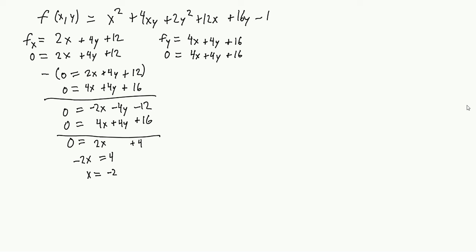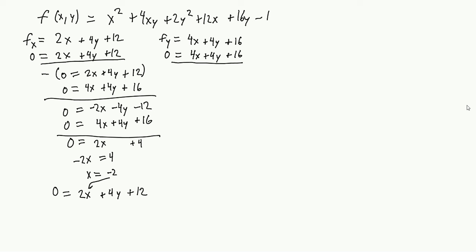We still need a y value. So you can take that x value and just plug it into either one of these original, I shouldn't say original function, but the original derivatives here, f sub x or f sub y, whether you use 2x plus 4y plus 12 or 4x plus 4y plus 16, either one you could plug into and get a value for y. Doesn't matter which one you plug into. Let's just say I use the first one here. 0 equals 2x plus 4y plus 12.